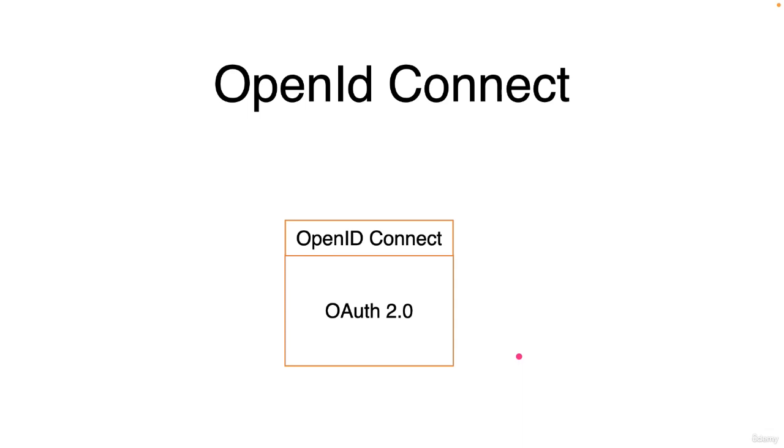And OpenID Connect, or OIDC, enables a client to establish a login session as well as to gain info about the person logged in, which is often referred to as identity. And when an authorization server supports OIDC, it's often referred to as an identity provider, since it provides information about the resource owner, that's you, the user, back to the client, which is the server running our client application.